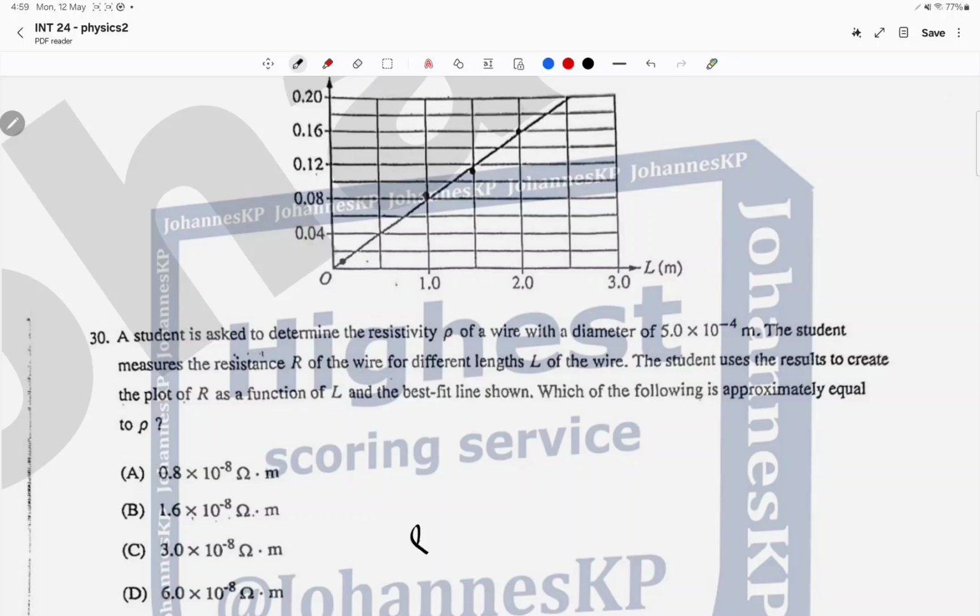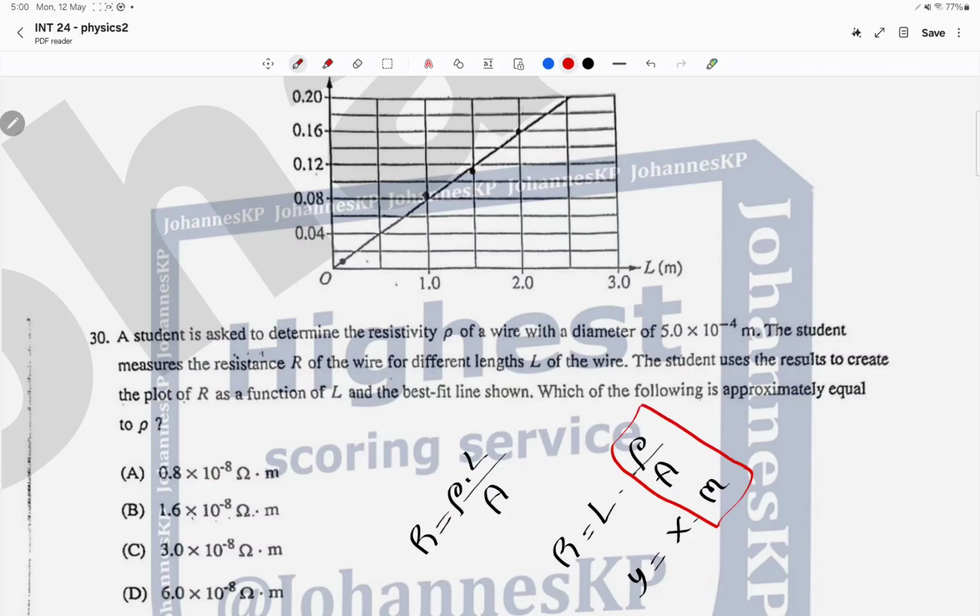Isn't resistance equal to resistivity times length over the area? So if we put length apart, resistance equals resistivity over the area times length. Yes. So y is equal to x times m, so the slope is resistivity over the area. Let's find the slope.